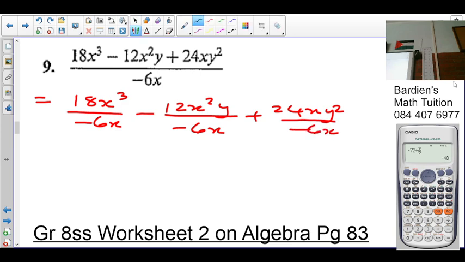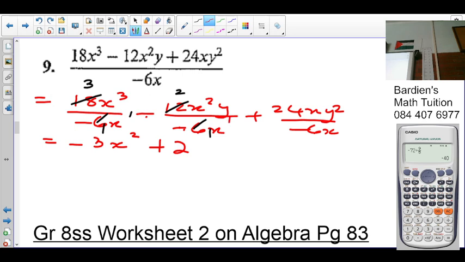So what do we do now? Simplify. 6 going into 6 once, 6 going into 18, 3 times. There's a 1 on that x, not so? So it's going to be negative 3x squared. Negative divided by negative is positive. 6 goes into 6 once, 6 goes into 12, twice. So it's 2.